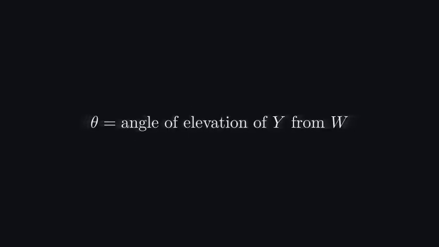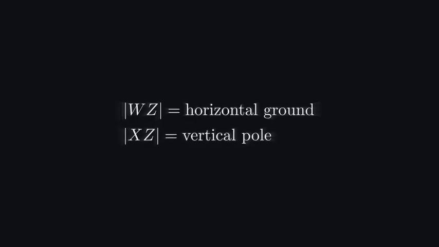Follow the calculation line by line. Length of WZ equals horizontal ground. Length of XZ equals vertical pole. Length of WX equals 15 kilometers.